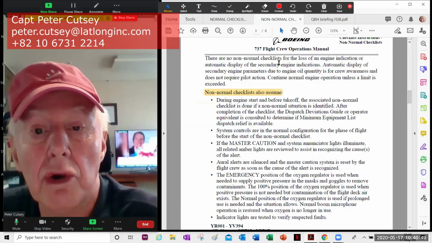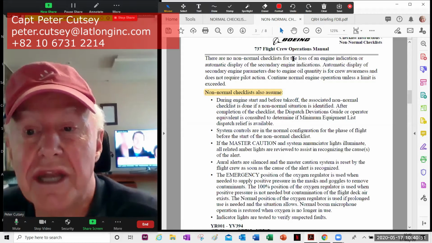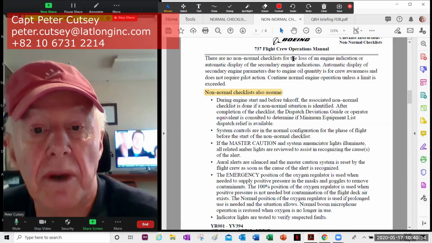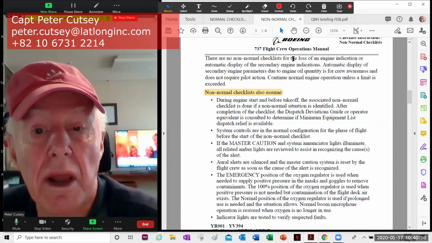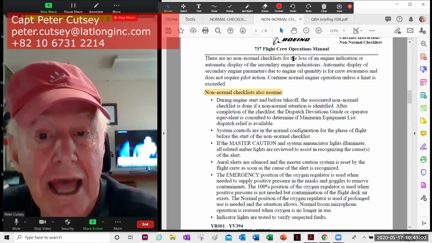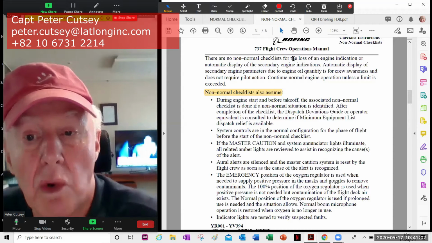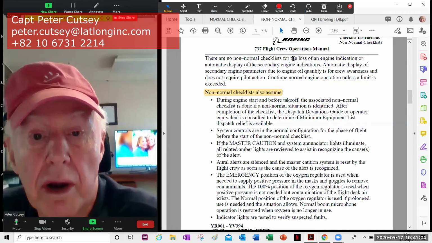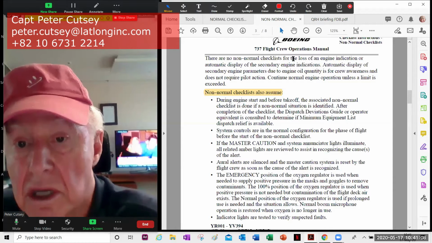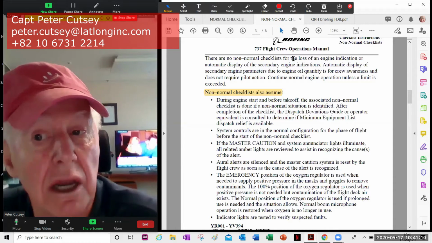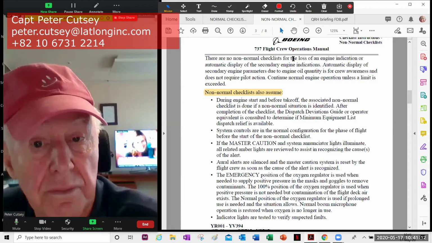There are no non-normal checklists for the loss of an engine indication or automatic display of the secondary engine indications. Automatic display of secondary engine parameters due to engine oil quantity is for crew awareness and does not require pilot action. Continue normal engine operation unless a limit is exceeded.